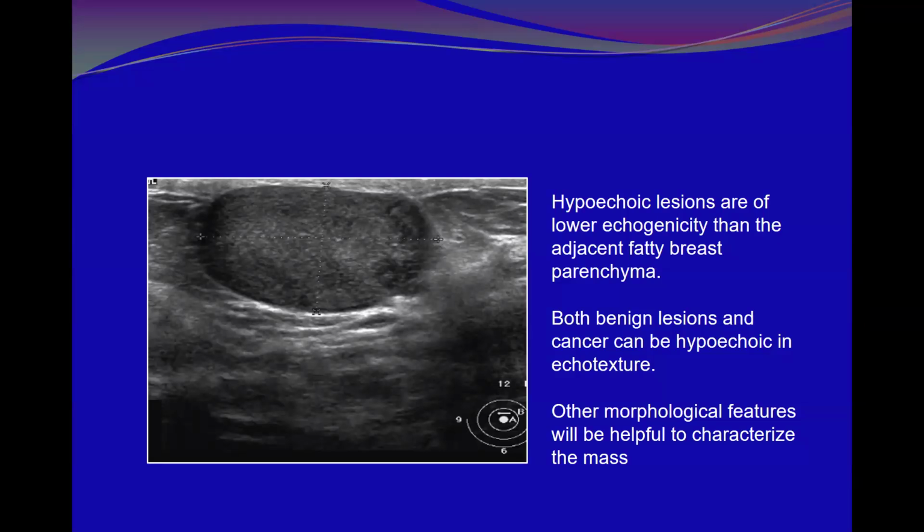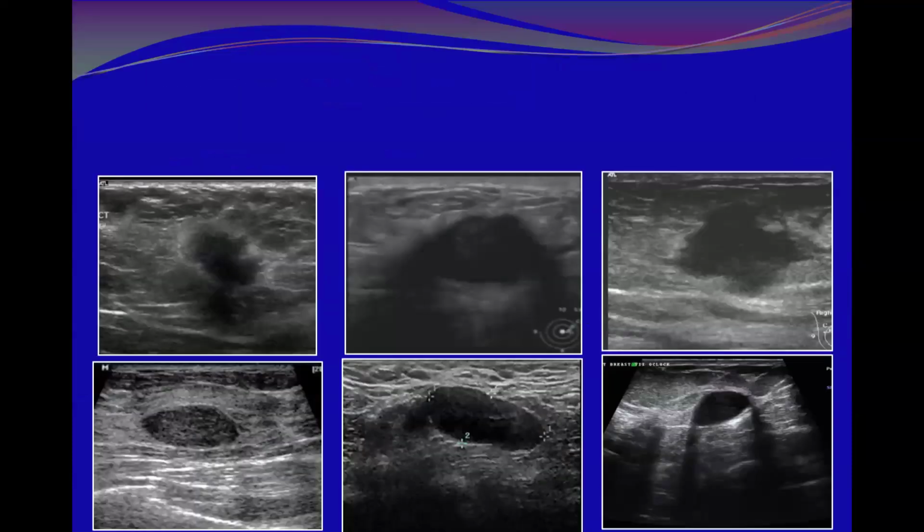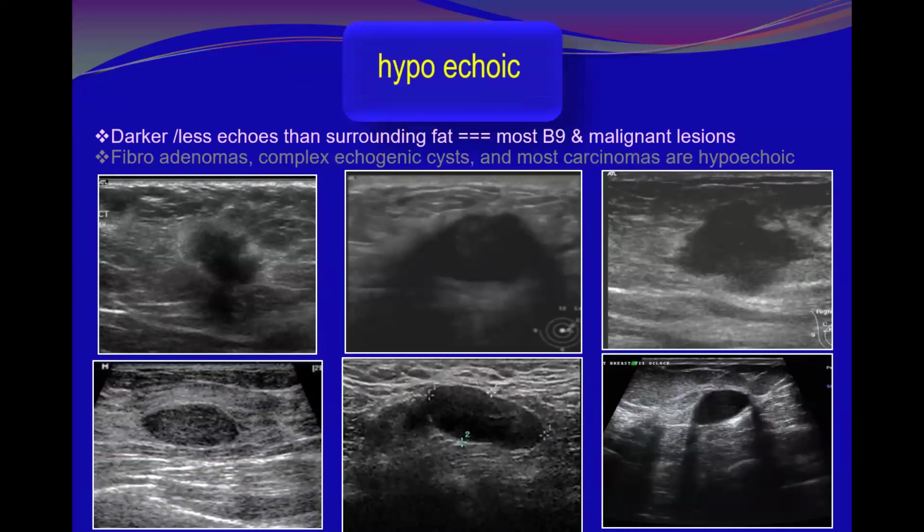It was my case. For a very long time I have followed that patient and the lesion has been stationary. This is a hypoechoic benign mass. So these are examples of hypoechoic.